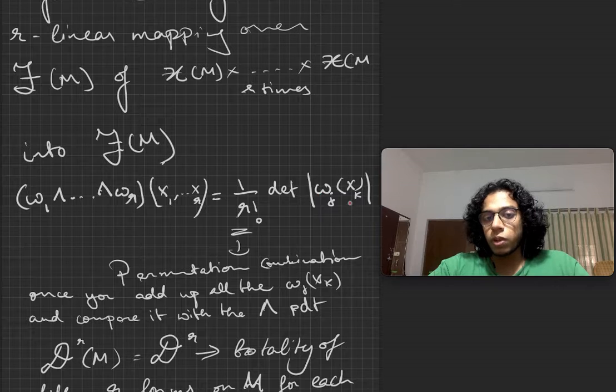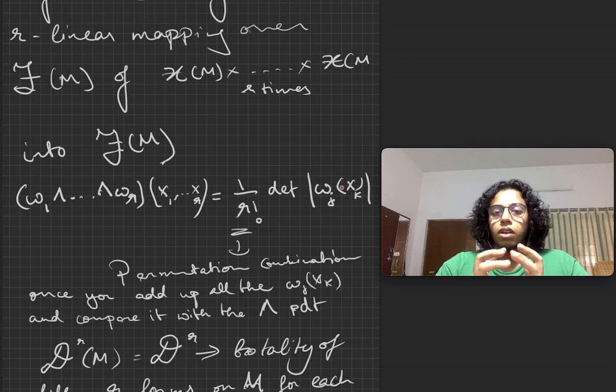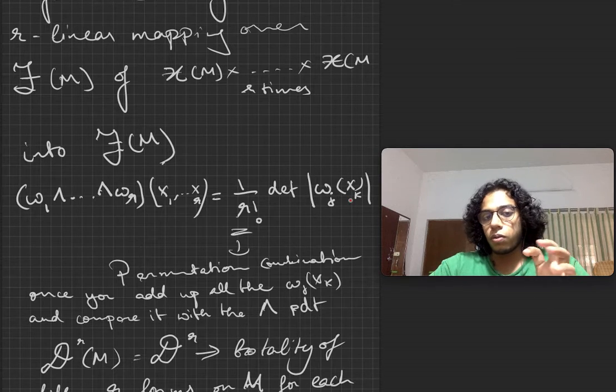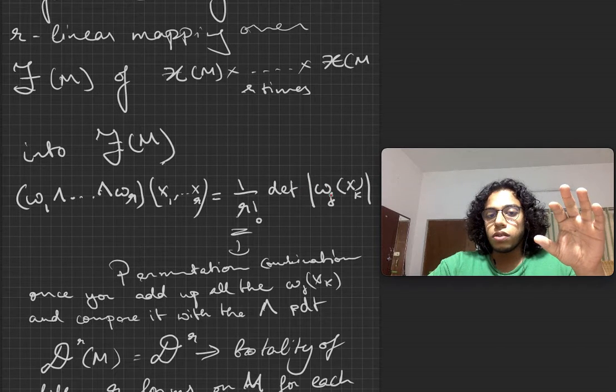Each omega_j of x_k, or each final one-form at the basis of a neighborhood, is repeated r factorial times.